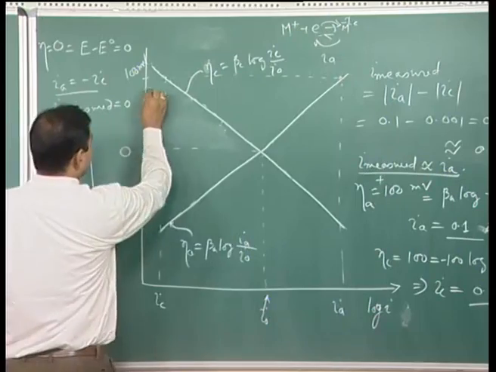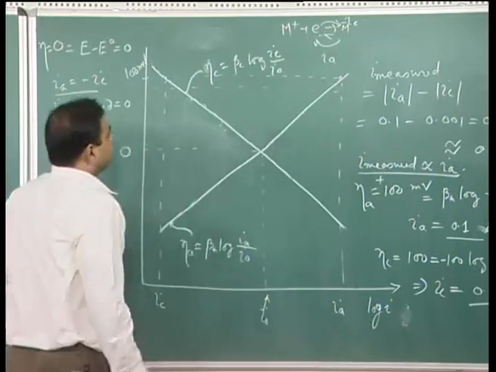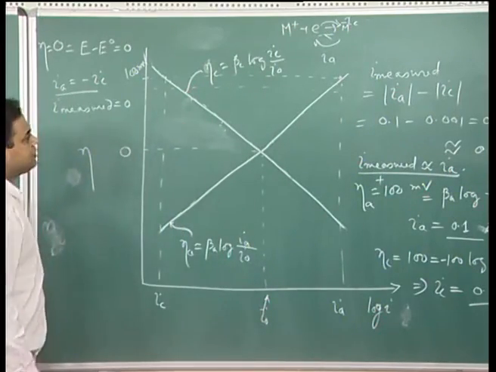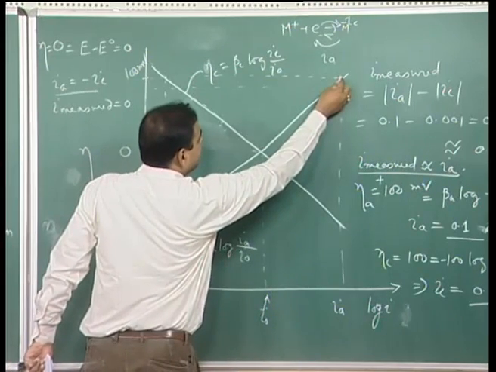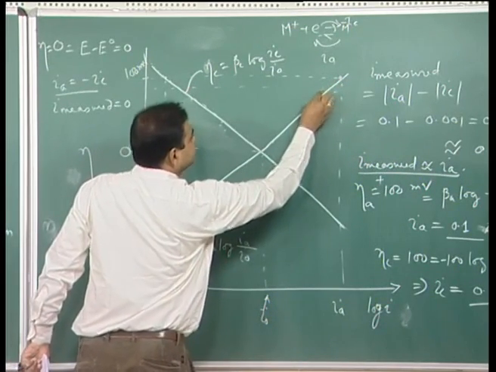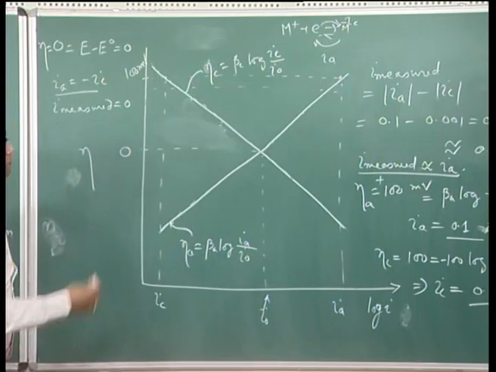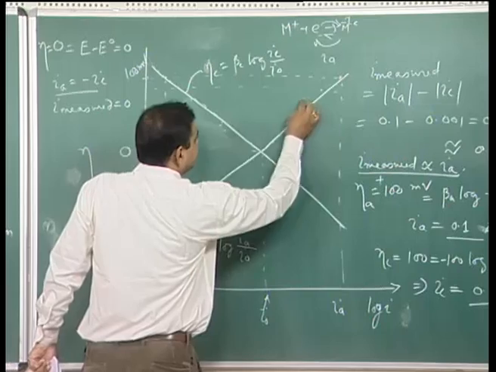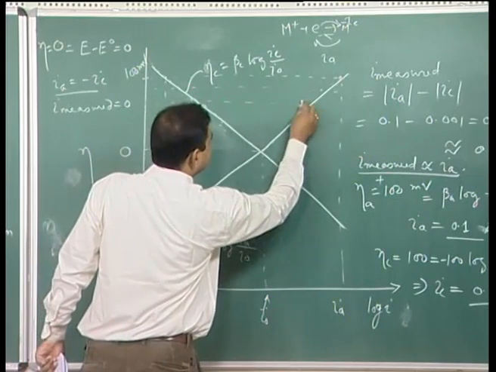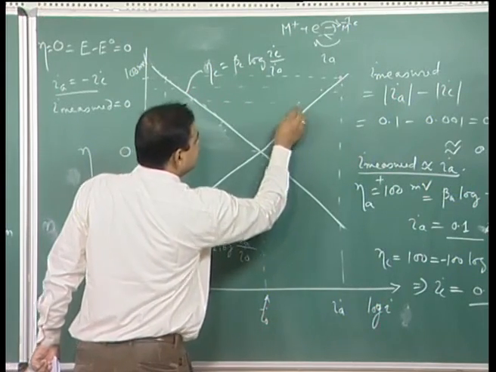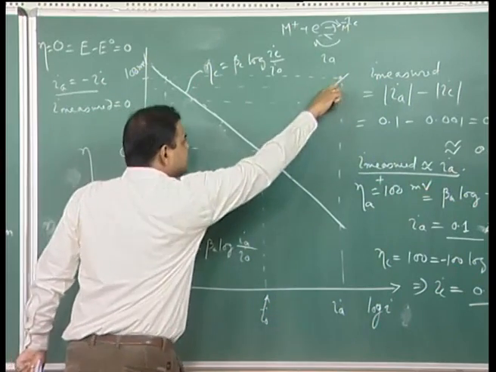Similarly, I drop down to a little lower overvoltage. I will see my I measured point would shift to this. It would be very close to IA. Similarly, if I drop down further, I will see that my current value comes out to be this. This is my I measured. I am just plotting I measured.